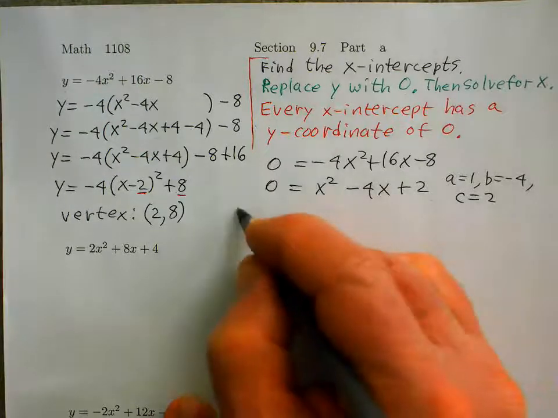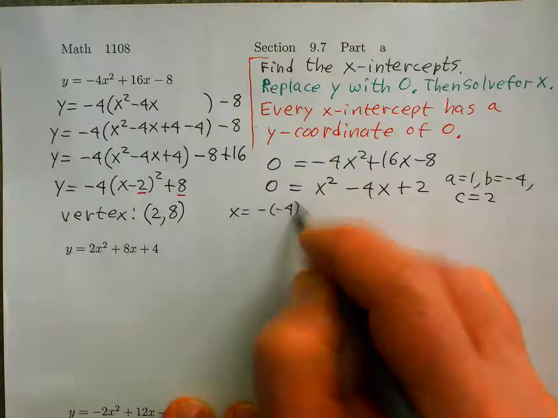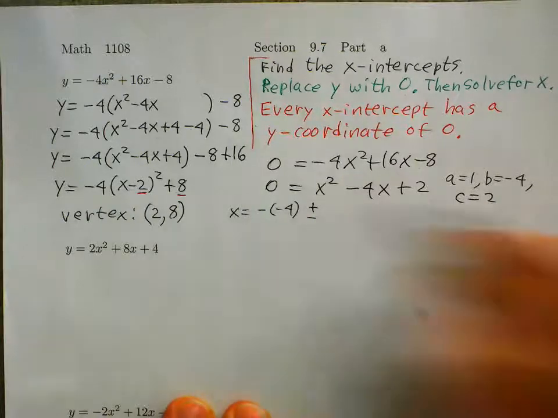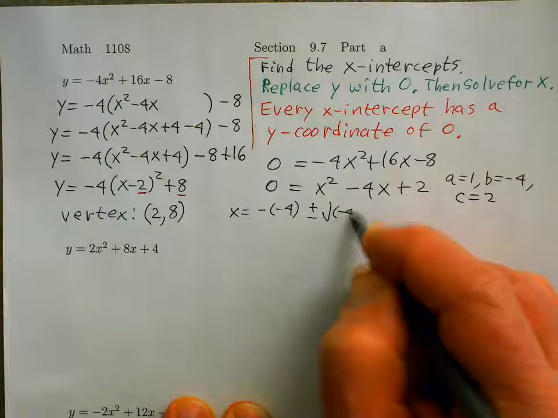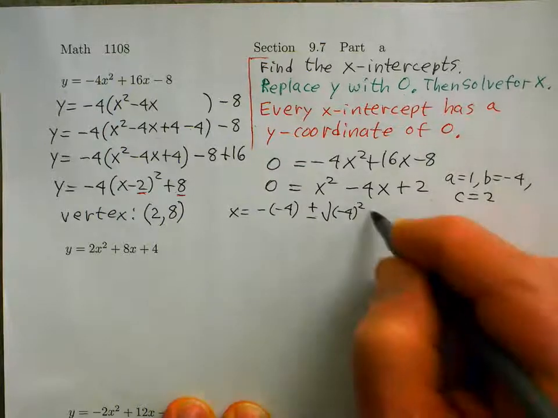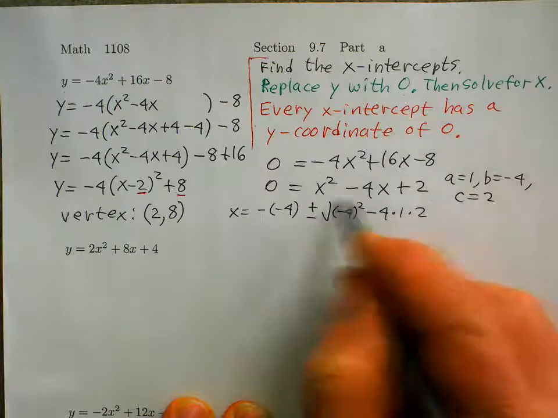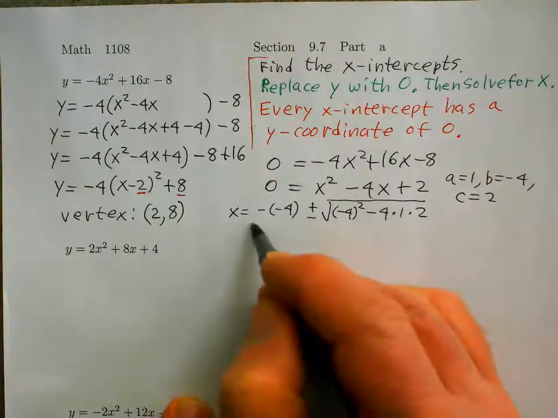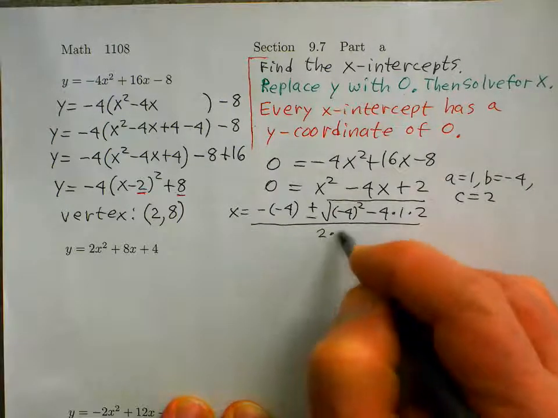Okay, so we get x equals the negative of negative 4 plus and minus the square root of the number negative 4 squared minus 4 times 1 times 2, all divided by 2 times 1.